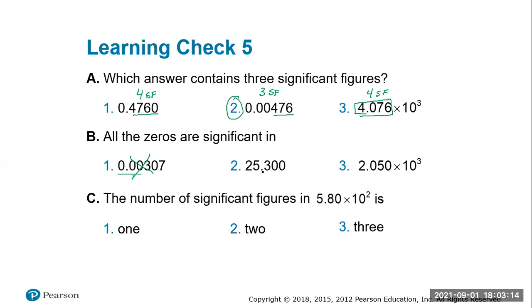In this case, these zeros here would be significant because there is a decimal point, which means that's one of the answers, I would think. That also has 5 significant figures total. And because all these zeros are written in scientific notation before the times 10 part, they are also significant. So 2 and 3 look like they are the correct answer for the question. Any questions on that one?